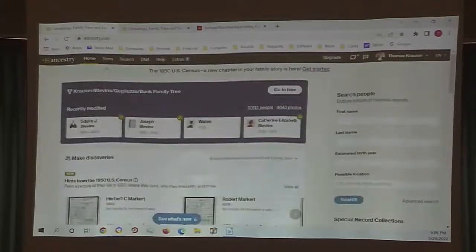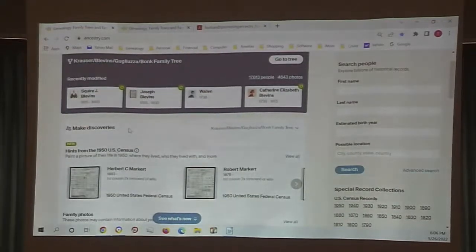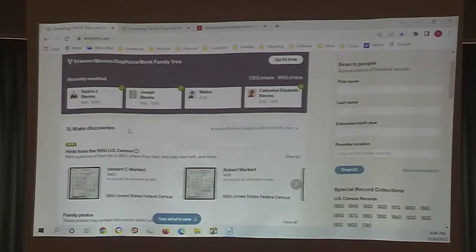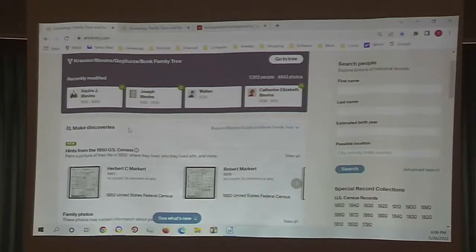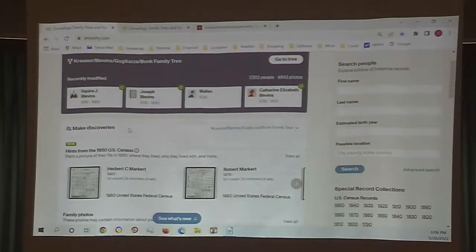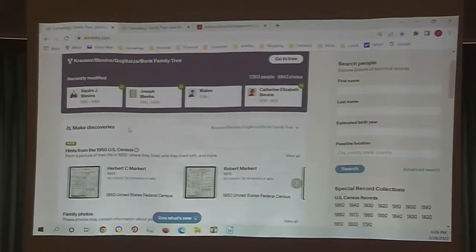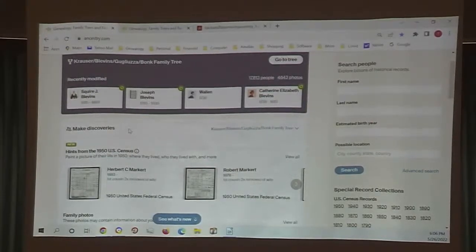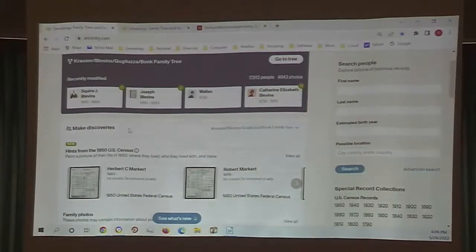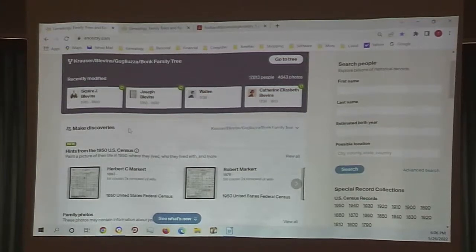Okay, so how many of you use Ancestry or use other programs? Everybody uses Ancestry? Okay, so you're all Ancestry users. I use Ancestry for all my research, but I also have Family Tree Maker 2019. And what I find is that I want a copy on my computer myself.